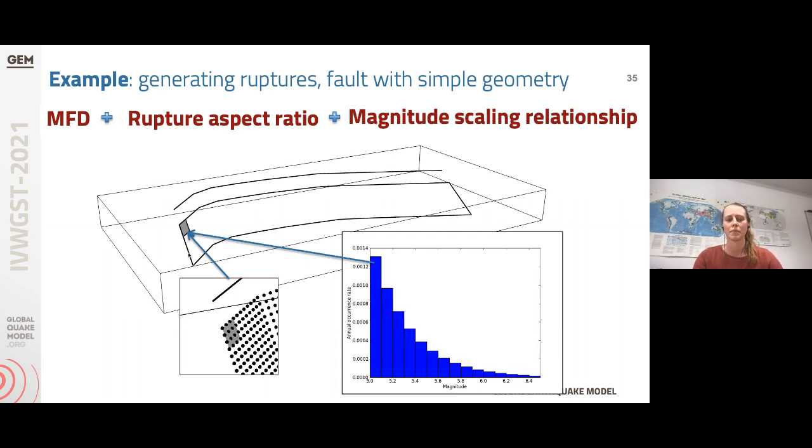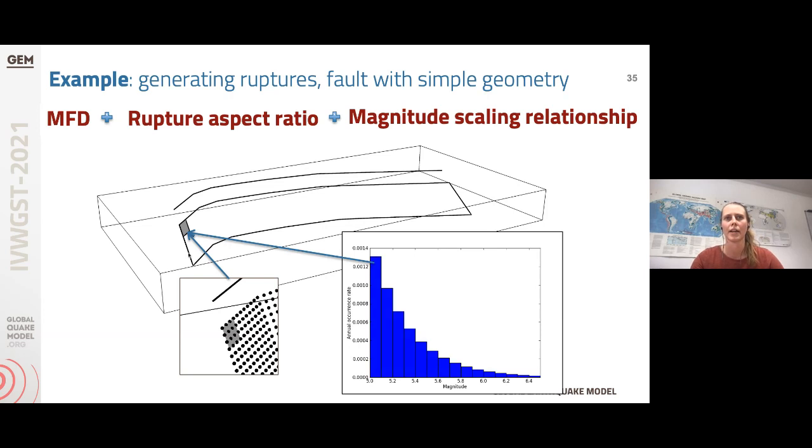I will clarify that this varies a bit depending on the calculation engine that's used, but the premise is similar across the board. Using the MFD, as well as the rupture aspect ratio and the magnitude scaling relationship, ruptures are produced that occur on a fault plane.